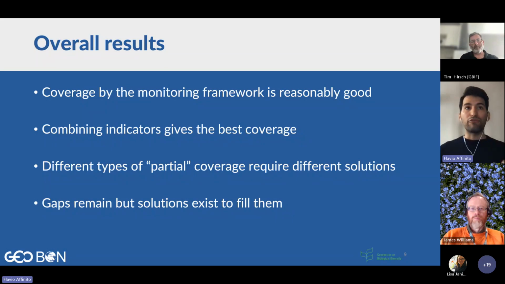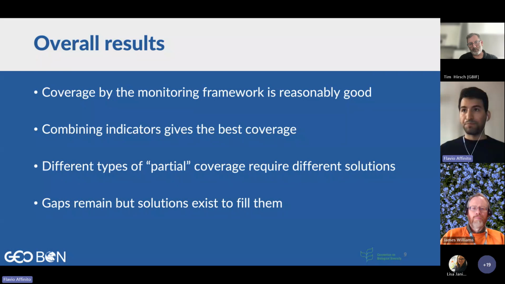The best coverage that we can get is when we put all of these indicators together, so not focusing only on headline and binary indicators, and there's a different meaning to what partial or potential means. So there are different reasons why elements might be partially covered, which will require different solutions that I'm going to work through.